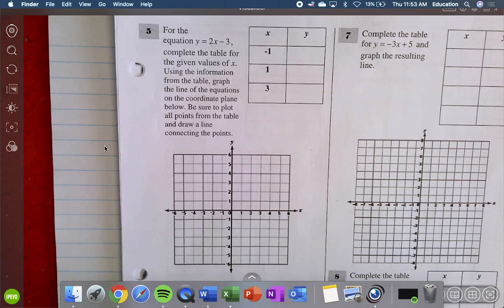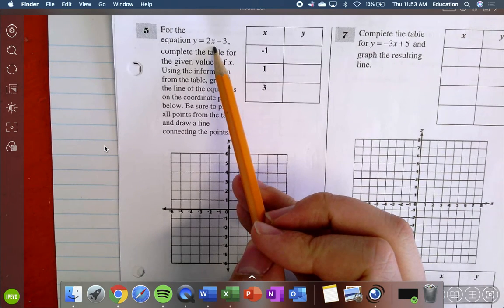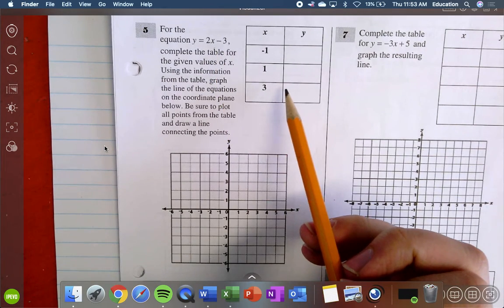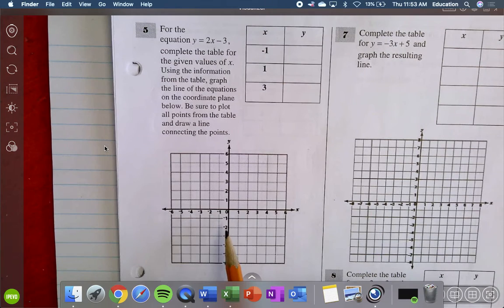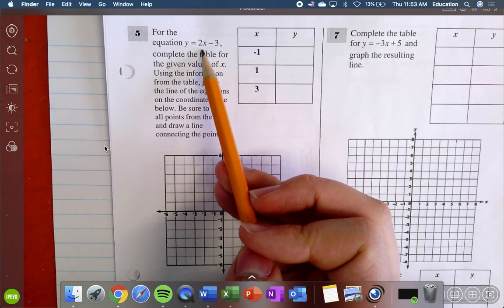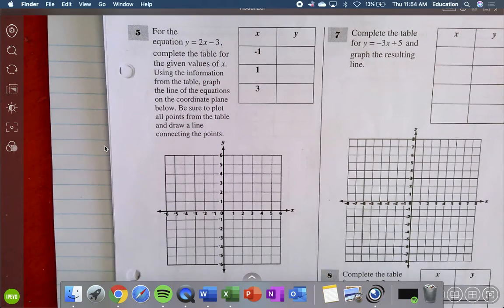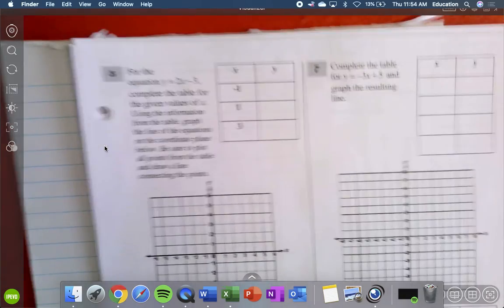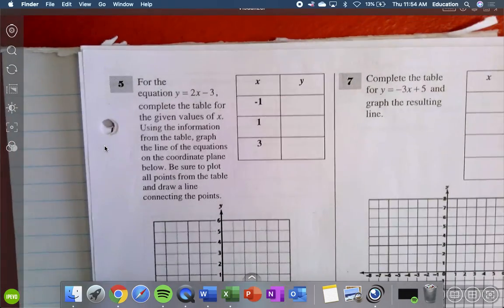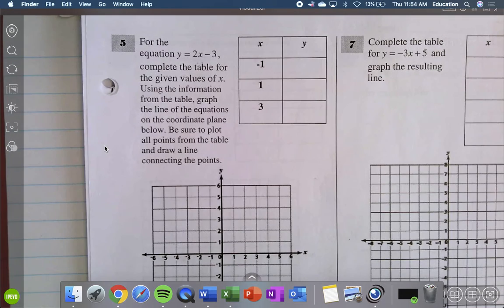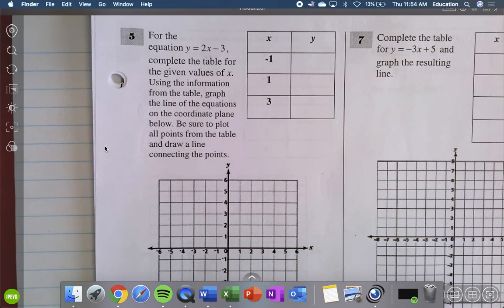So this is your machine, 2x minus 3. I'll zoom in. And this is your table, and I want you to graph.